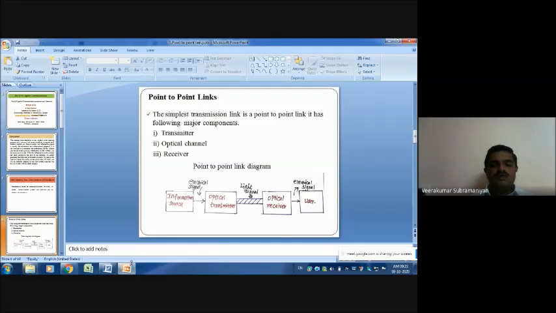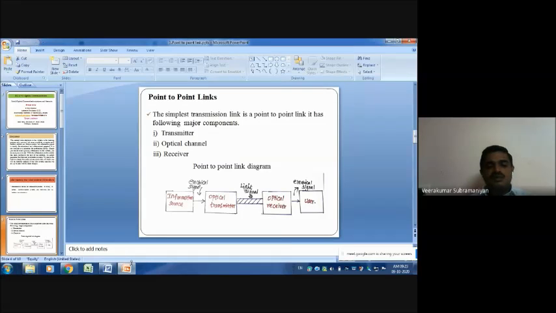We are all aware the transmitter side consists of a source. The source may be an LED or laser light, which keeps emitting the light signal. That signal is associated with drive circuitry, and the drive circuitry performs the modulation process. The light source and drive circuitry put together are called the transmitter unit.